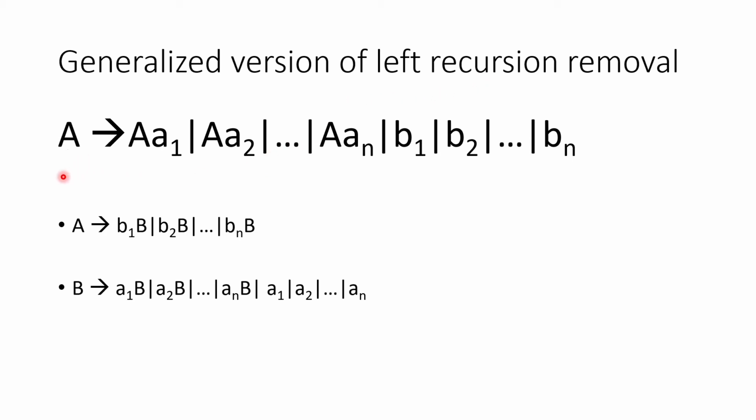It was something like this. So if A can be written as capital A followed by small a1, or capital A followed by small a2, like this, or b1 or b2 to bn, then the new version of the production rule will be A to b1 capital B, or b2 capital B, or till bn capital B, like this.